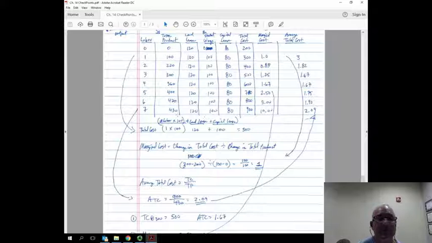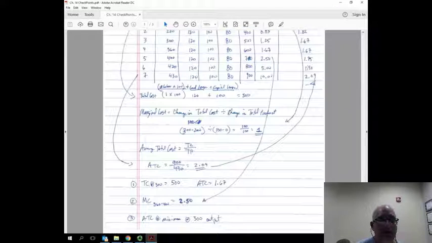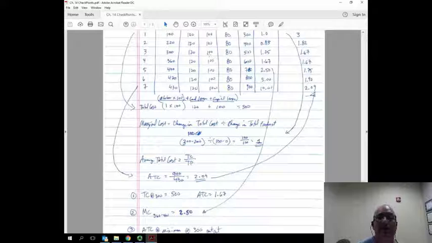So 900 divided by 430, which what I did right here is 2.09 is the average total cost, which is this number right here. But after doing the whole table, we see that the lowest number is right here, 1.67. So the average total cost is at a minimum at a 300 output, which is right here.